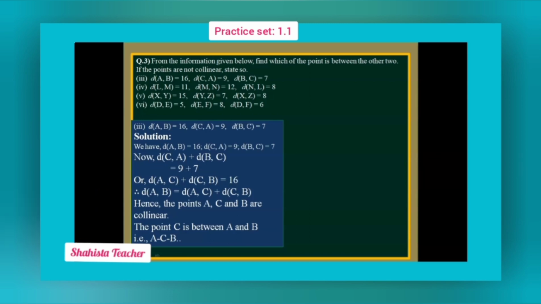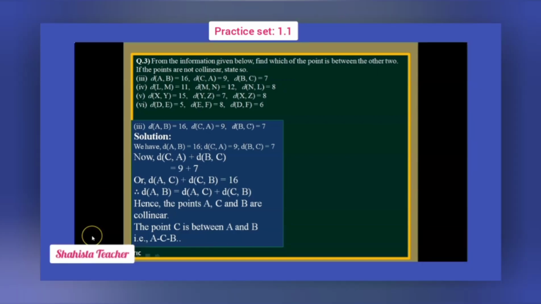Now let's solve sub question 4. Here, distance of LM is equal to 11, distance of MN is equal to 12 and distance of NL is equal to 8. Now here what we will do is simply add 11 plus 12 and check whether, after adding these two numbers, we get an equal third number.